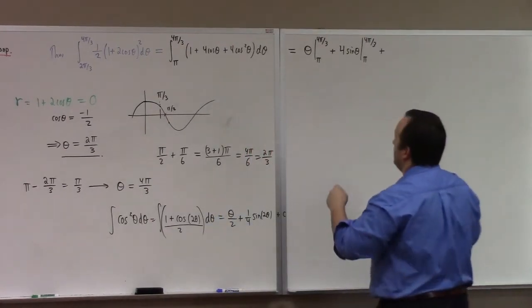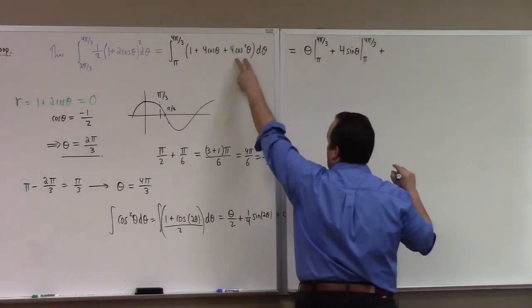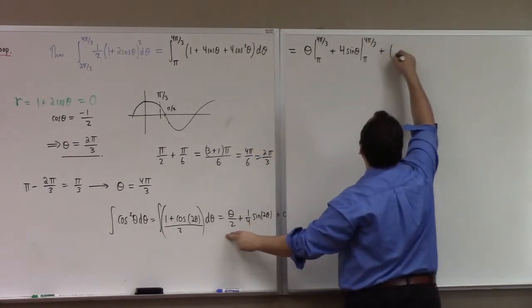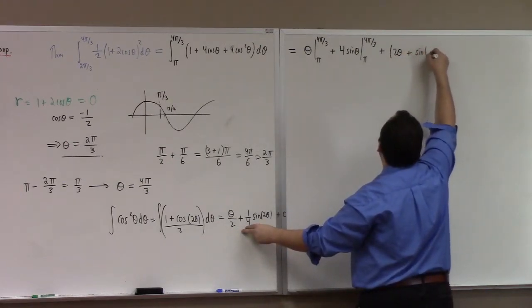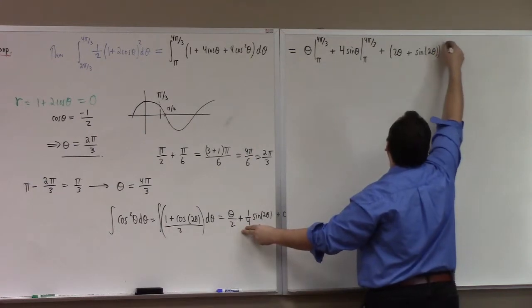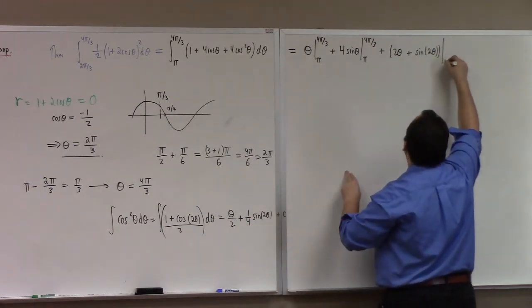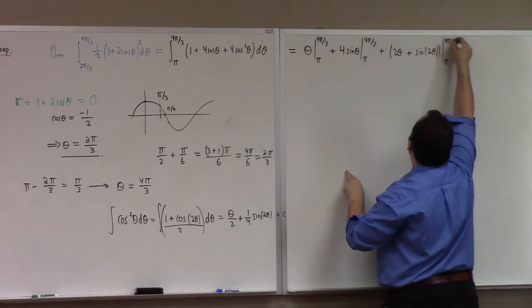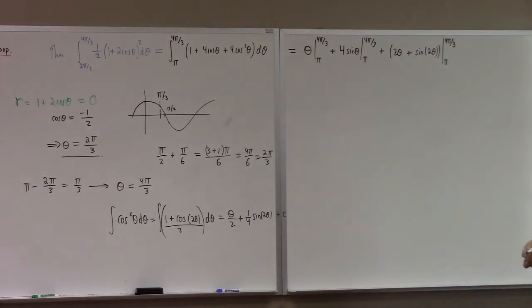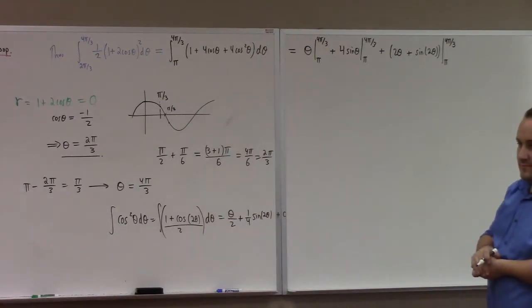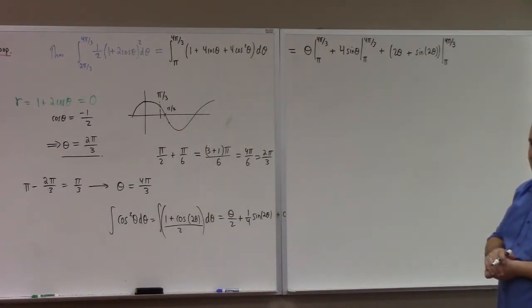But I'm multiplying by 4, so I get 2 theta plus sine 2 theta. Again, evaluated from pi to 4 pi over 3. So you cannot help but get a good, healthy review of your trig integrals in this part of the course, right? It's ramping you up for the final. You should be happy about this. One less thing to review, right?